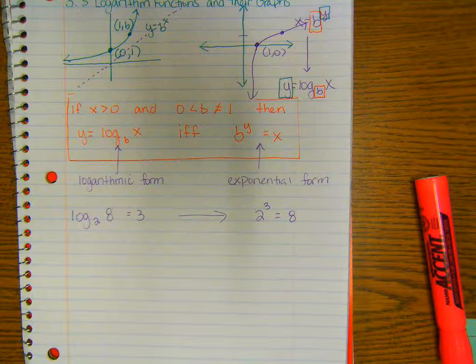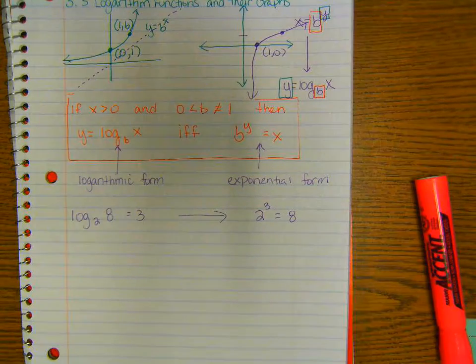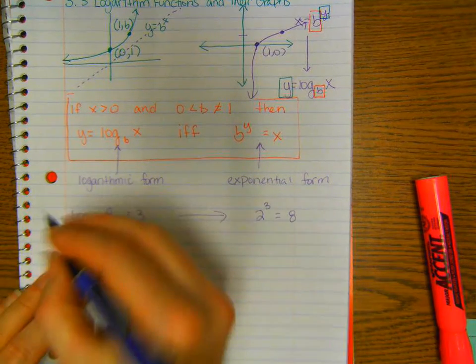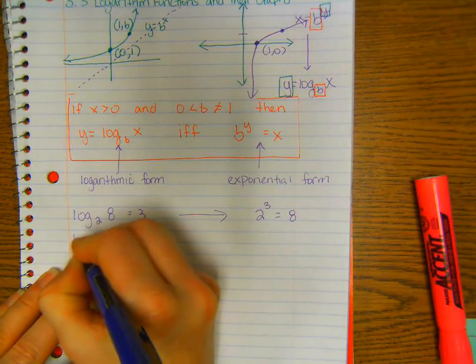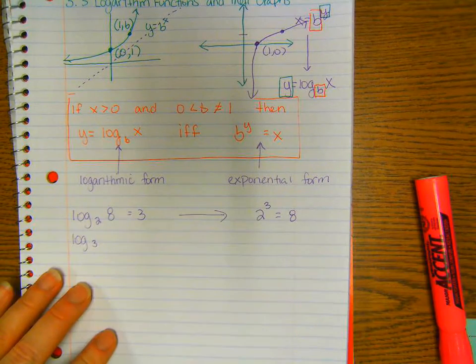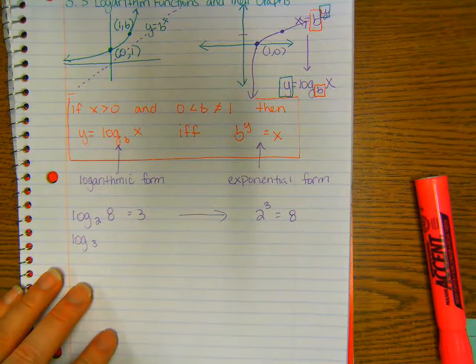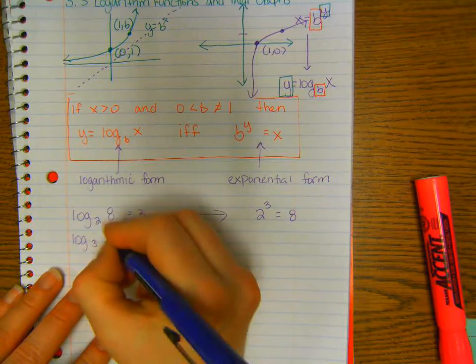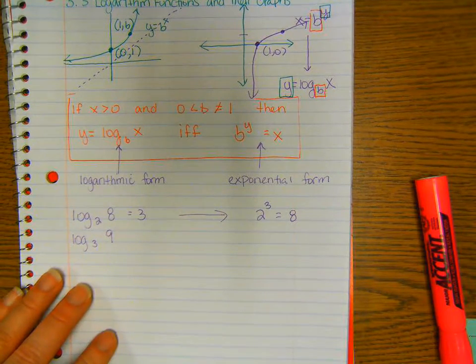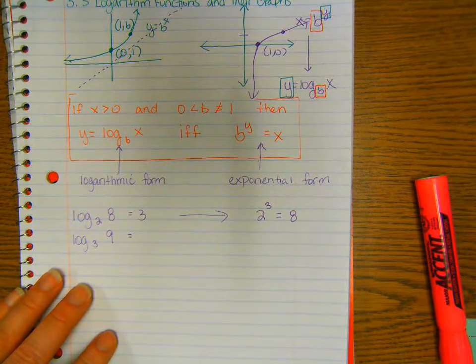So I'm going to write log base 3 of 9, good, equals 2. So the power goes on the other side of the equal sign. And then its exponential form is 3 squared equals 9.